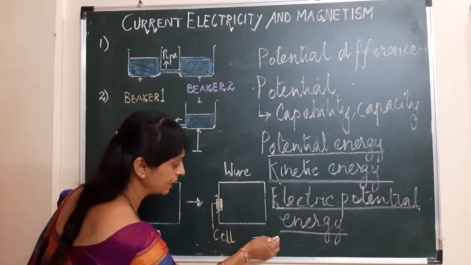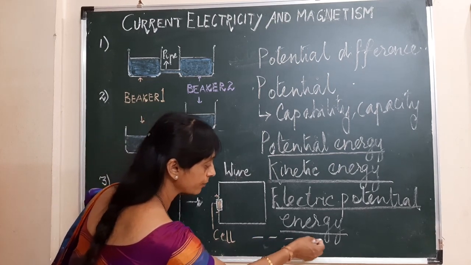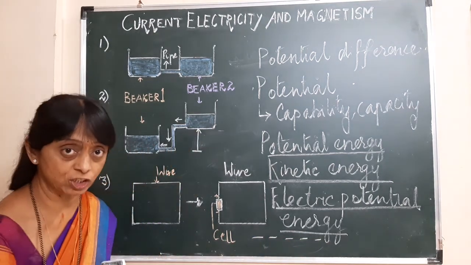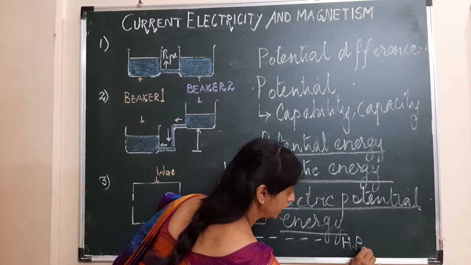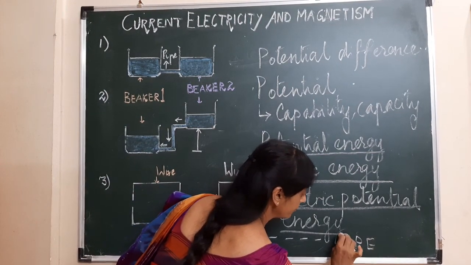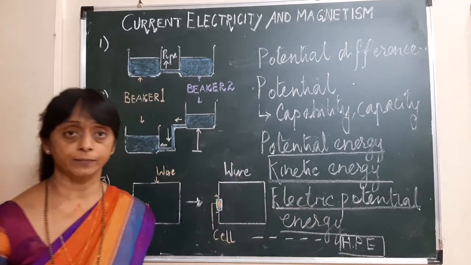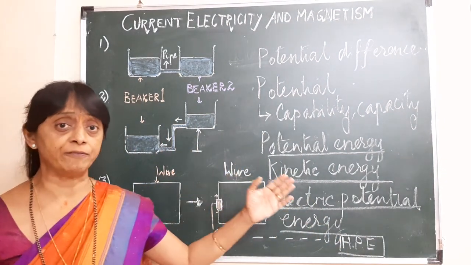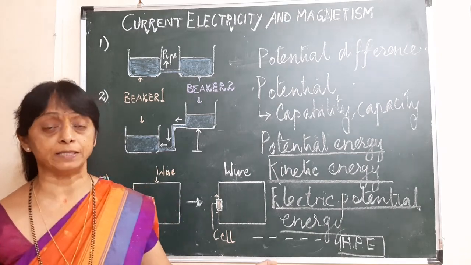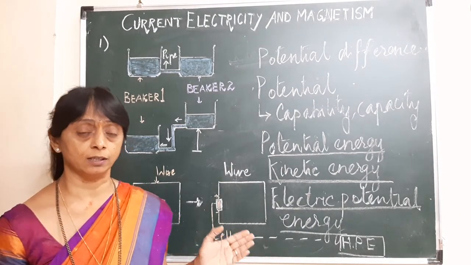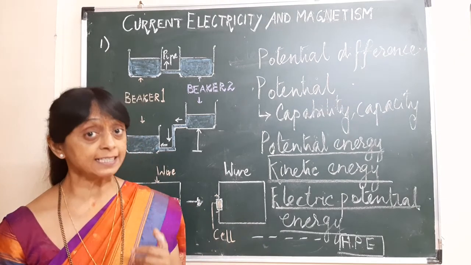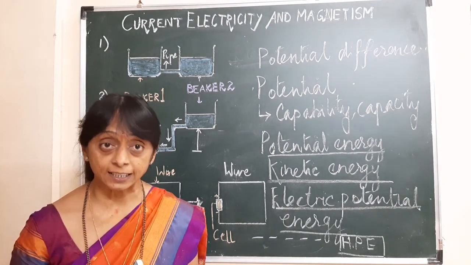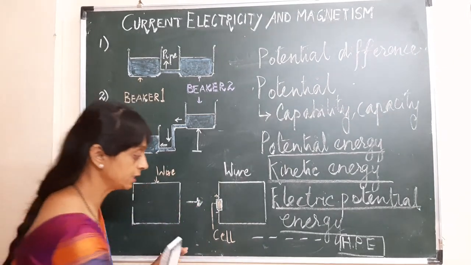We know electrons are negatively charged. When they are close to each other, they have high potential energy. Now, if they are left free, then what happens? They repel each other. They go away from each other and they get attracted to whom? They get attracted to the positive charge.